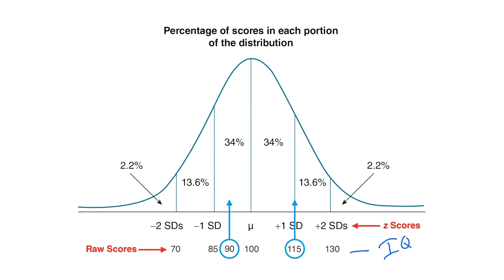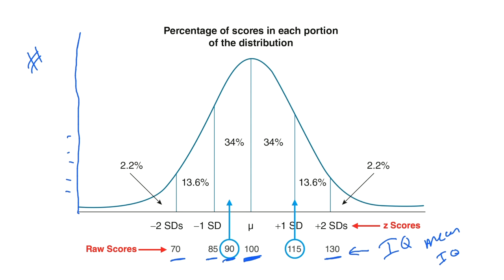Those IQ scores are right along here. So an average of 100, we have 130, 85. These are IQ scores or mean IQ scores. And up on this axis, we would have the number of times we saw that mean going like this.